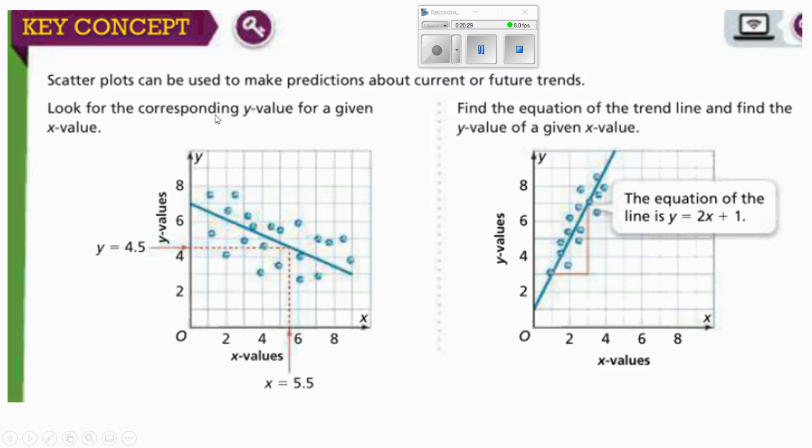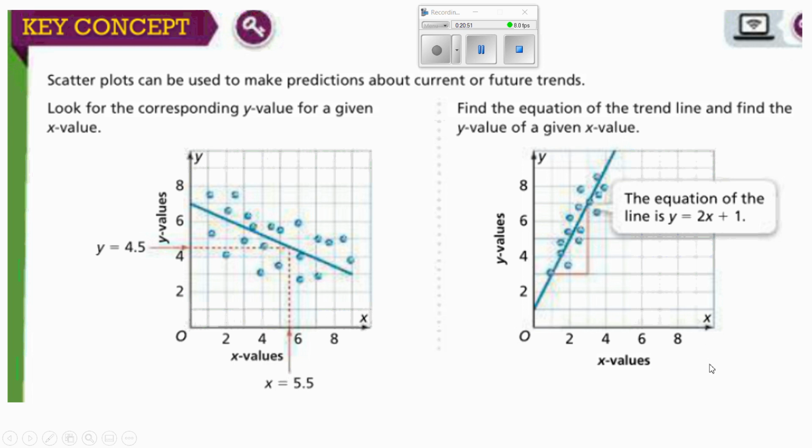All right, remember our key concept. Scatter plots can be used to make predictions about the current and future trends. Look for the corresponding y value for the given value. Find the equation of the trend line and find the y value of the given value.